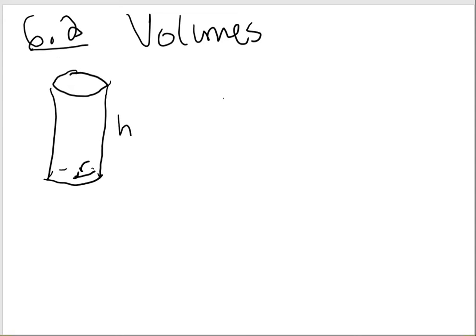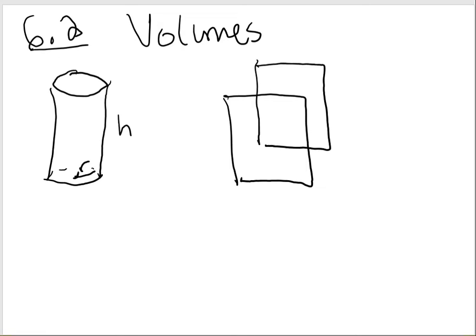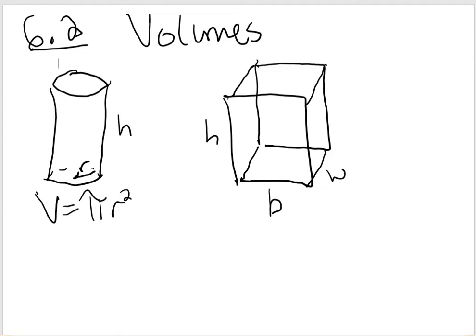You might think of a cube, or more generally, a rectangular prism, where you have the base and then width and then height. And you can think of, well, what's the volume of these things? From geometry, pi r squared h, and base times width times height.